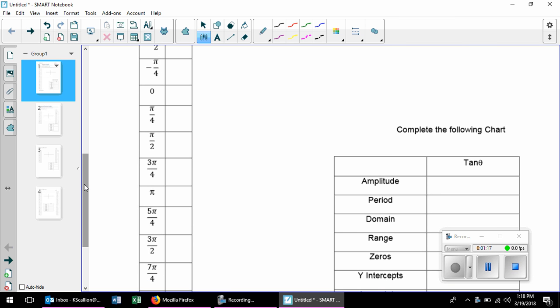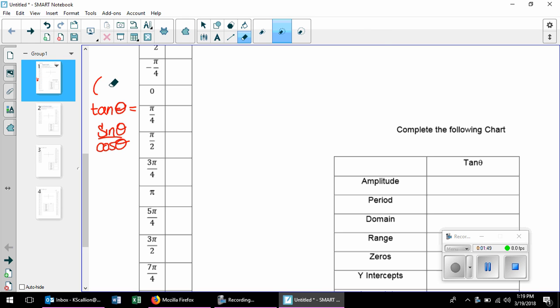This will help us. When we're at 0 degrees, remember that tan theta is equal to sine theta divided by cos theta. So when we're at 0 degrees, what is our tan value? So my coordinate pair at 0 is 1, 0. What's tangent?